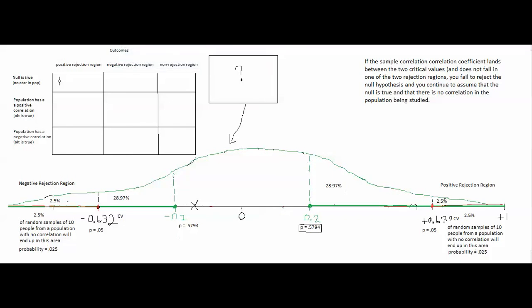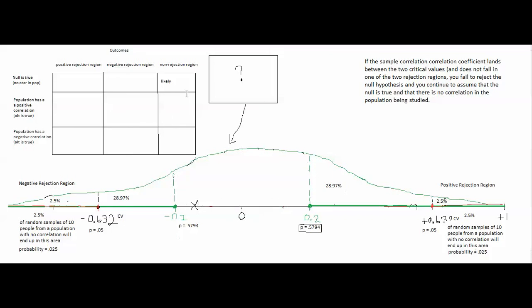We know that when the null hypothesis is true, the sample is likely to end up somewhere in the non-rejection region, because if the population has no correlation inside of it, if it's just the square shape that we saw earlier, then in that situation, the sample correlation is likely to fall somewhere near zero in this middle area.